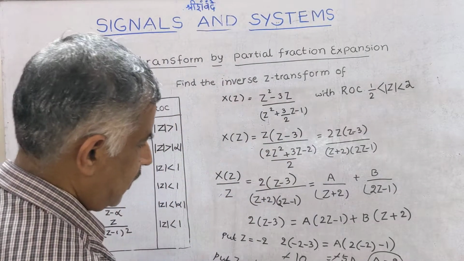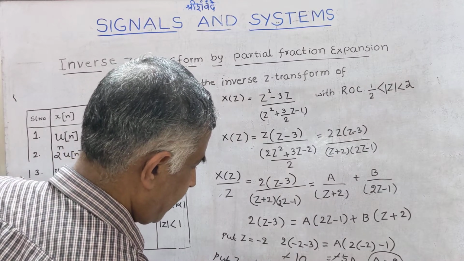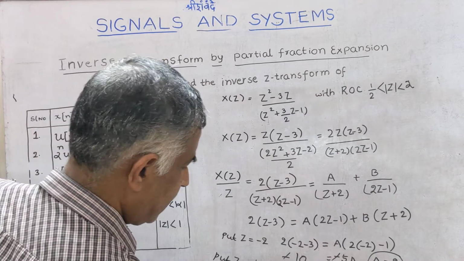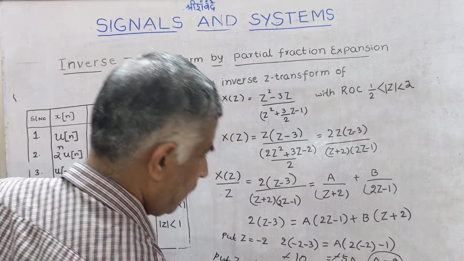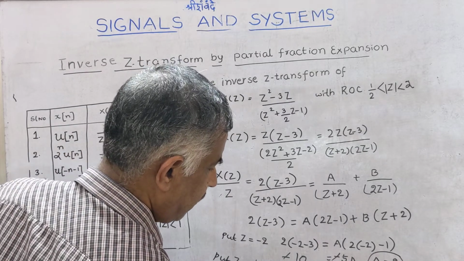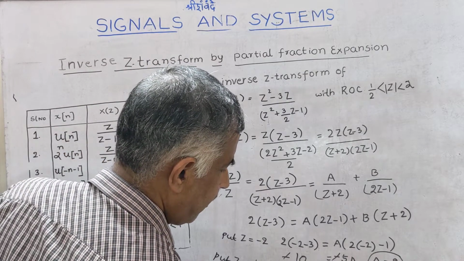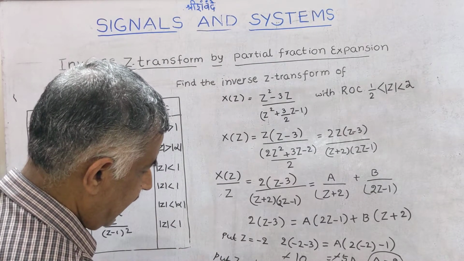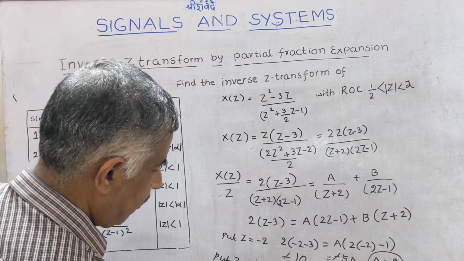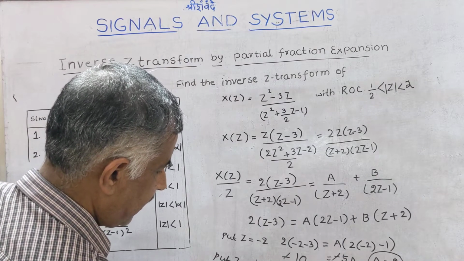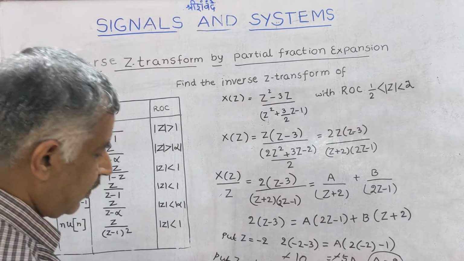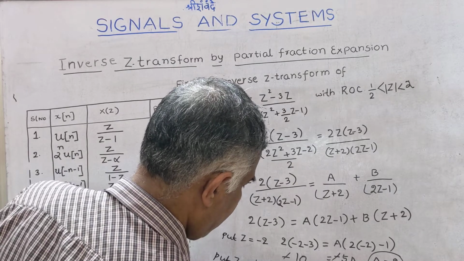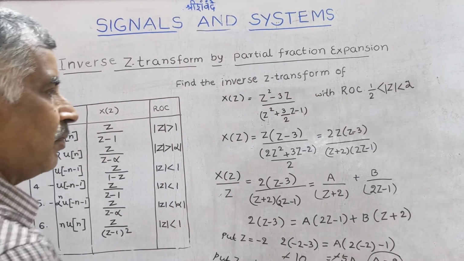Now this becomes 2 into (1 minus 6) over 2 is equal to 2 plus half, that is 5 by 2 B. Therefore, 2 into minus 5 by 2 is equal to 5 by 2 B. So 5 gets cancelled, 2 gets cancelled. Therefore, B is equal to minus 2.